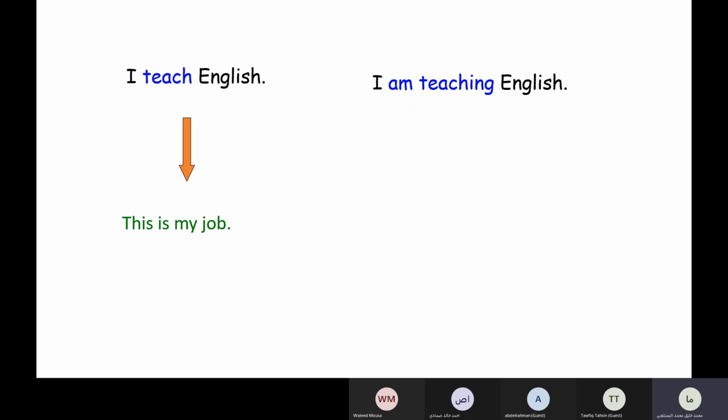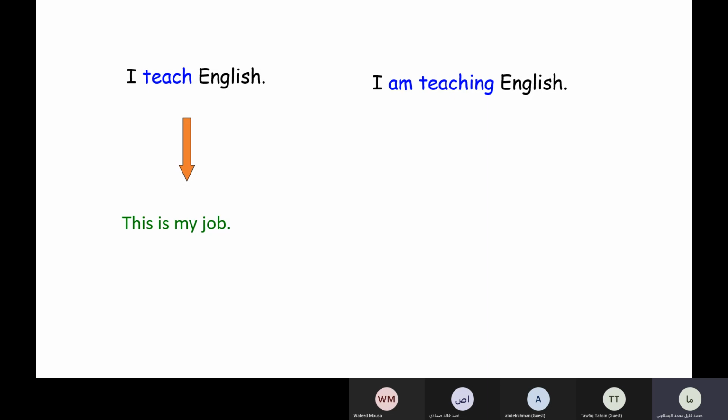So with temporary situations, we use the present progressive. Temporary things, we use the present progressive with them. And we have words like today, this year, this month. This month I'm taking an English course.